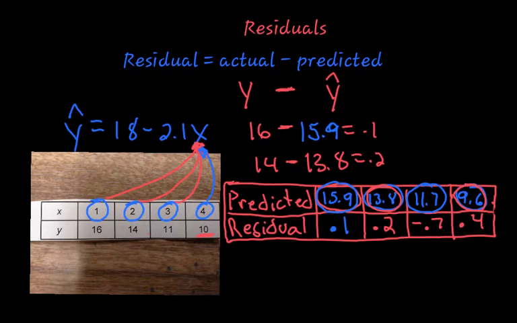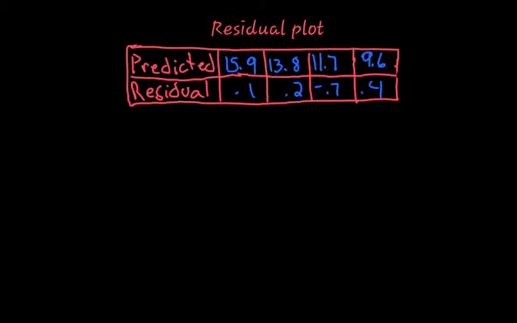Now to make the residual plot, we use the residual table that we just got, and we make another scatter plot. But in this case, the scatter plot is going to be the x values versus the residuals, not the y values.